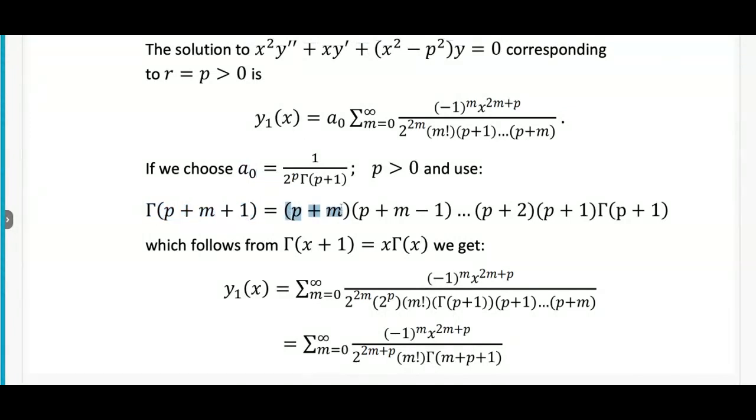That can be written as p plus m times p plus m minus 1, until p plus 1, then gamma of p plus 1.